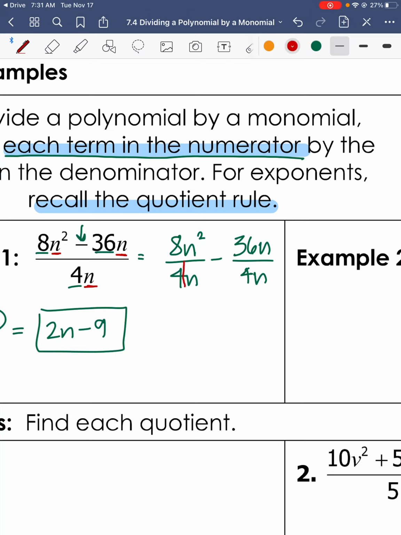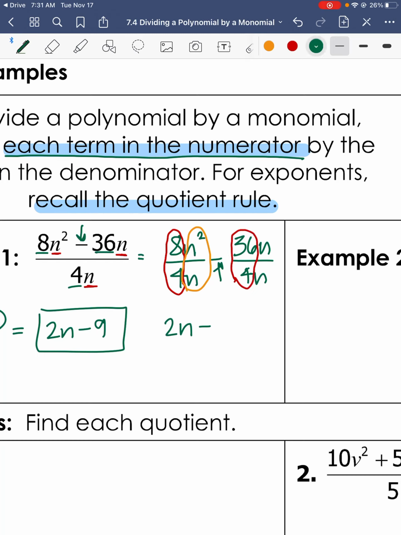This might be a little easier to look at, and we can see here we want to reduce this fraction of 8 over 4, which is equal to 2, and then this fraction of n squared over n, which when we divide that out is just equal to n. We'll keep this minus sign.